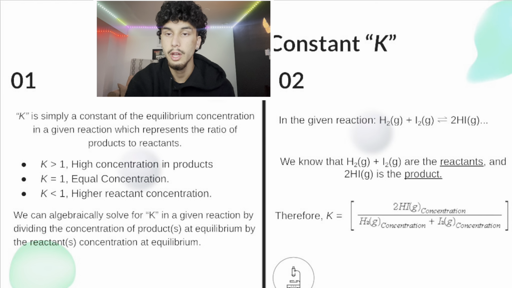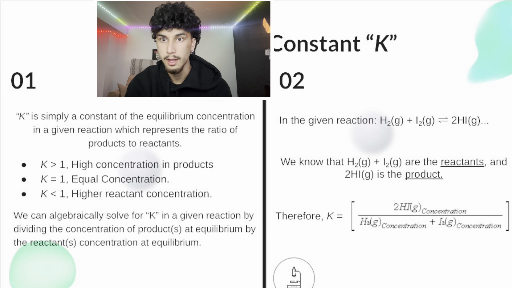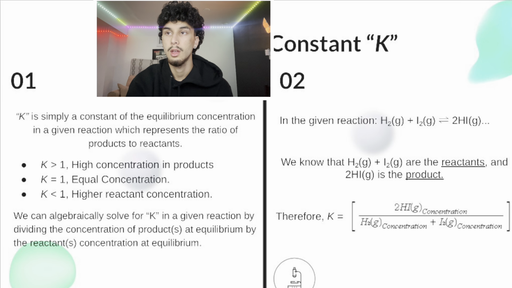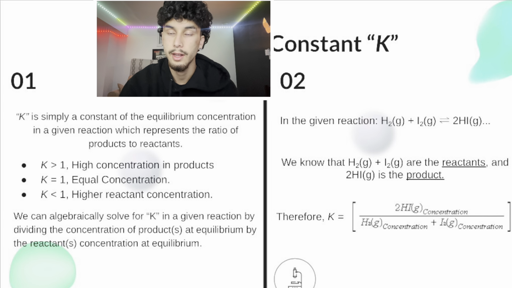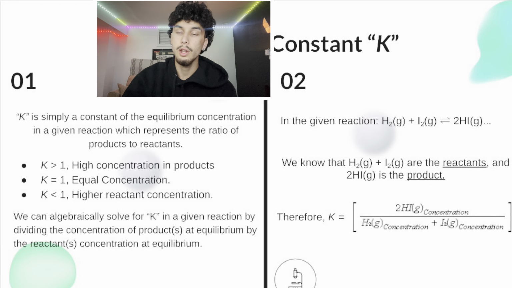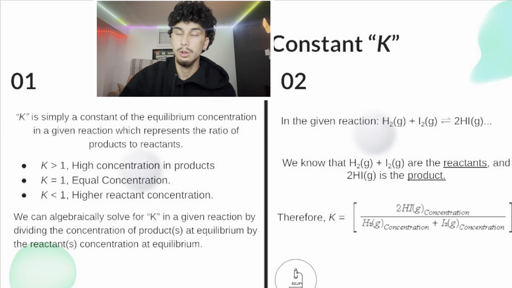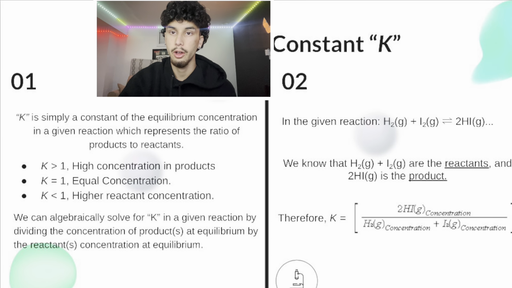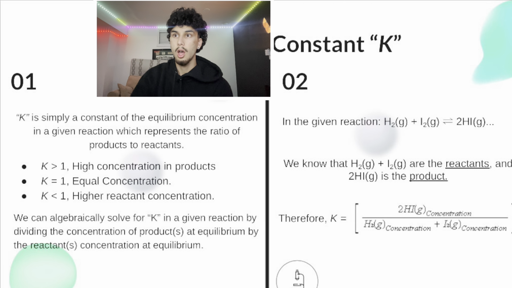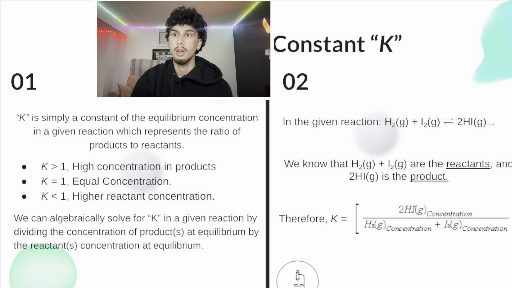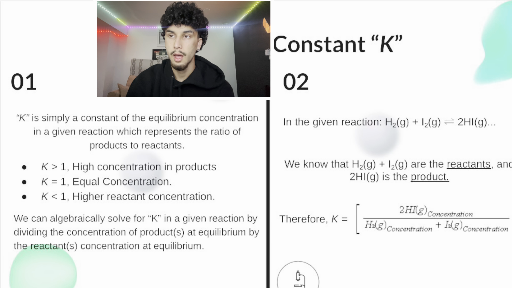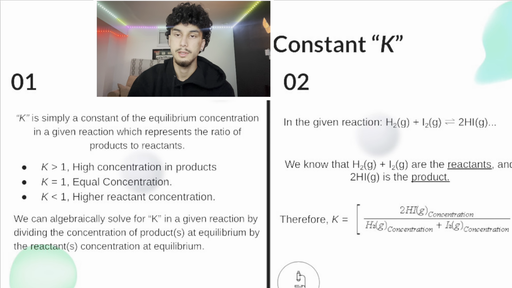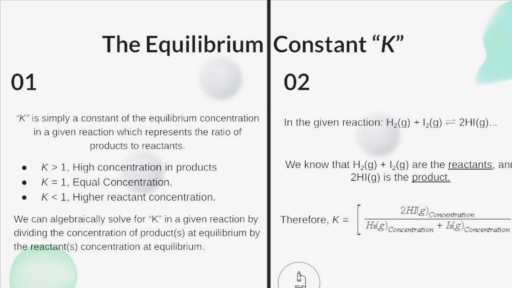So in this reaction, hydrogen gas and iodine gas are the reactants, and 2 hydrogen iodide gas is the product. So therefore, we know that K is simply equal to the concentration of products over reactants. So in this case, it's going to be the concentration of hydrogen iodide gas all over the concentration of hydrogen gas times, not plus, sorry, times iodine gas.